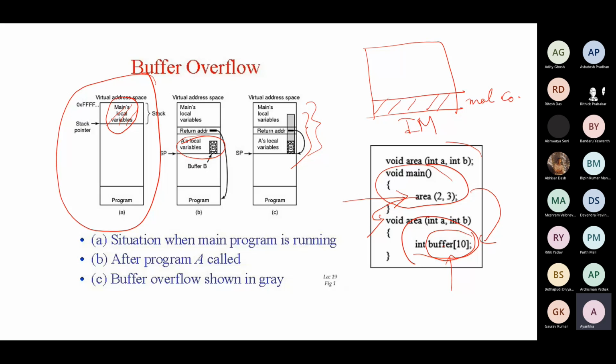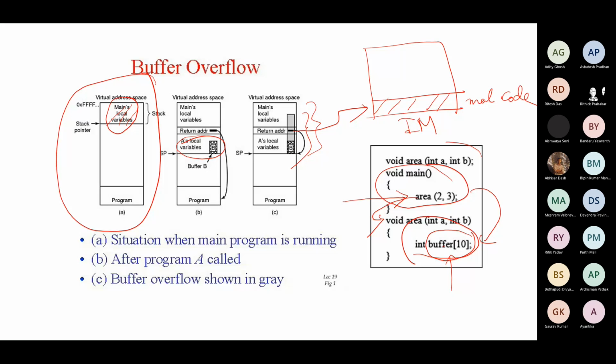Now this buffer is growing in such a way that it modifies the return address, not to an invalid address, but it replaces all the bits of the return address so that it points to a location where this malicious code is residing.